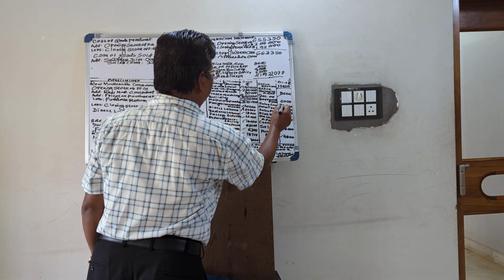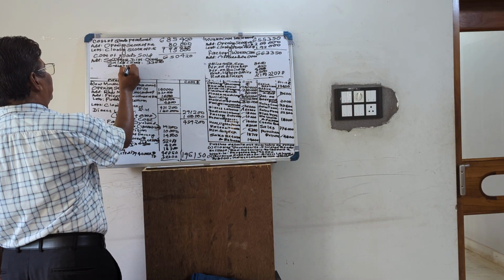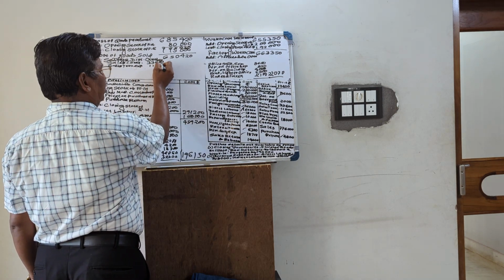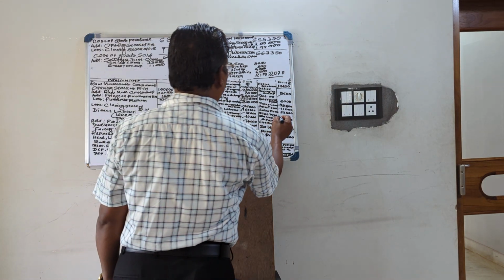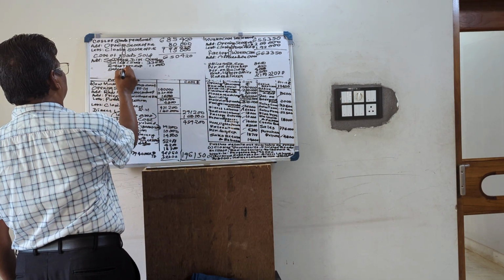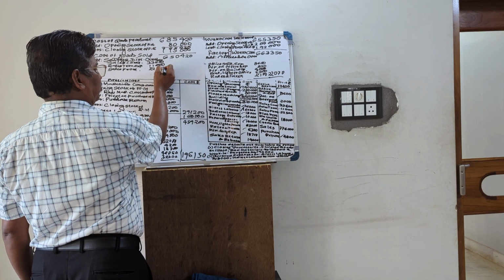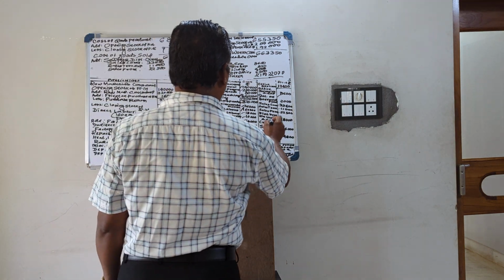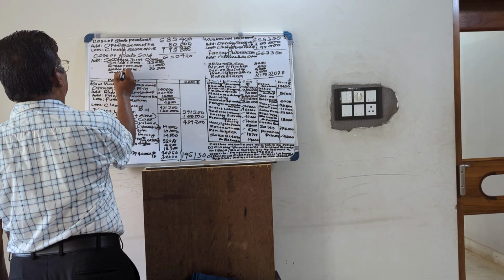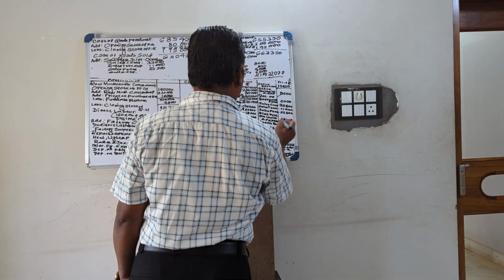Then sales traveling expenses 11,000. Then sales promotion 22,500. Distribution department salary and expenses, that is 18,000.